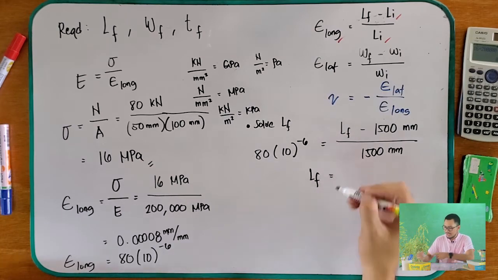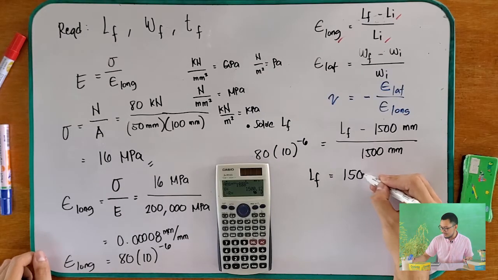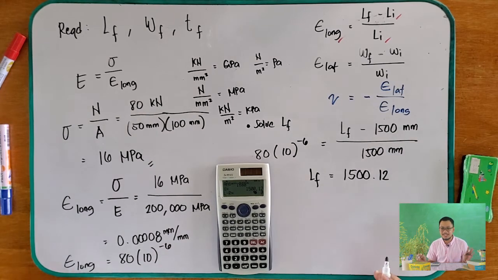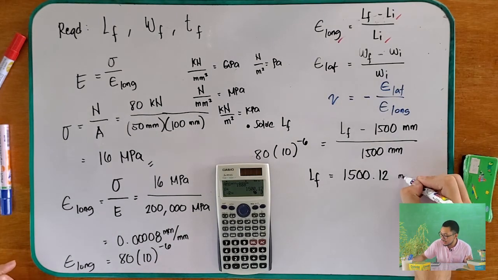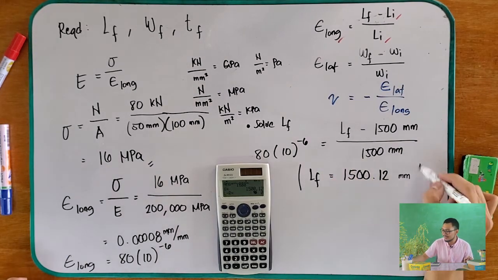So, you can now solve for your LF, which is basically 1,500.12. Imagine, the change in our length is that small. This is so small, but you still have to consider this in your solution. Okay, so I made a small mistake.